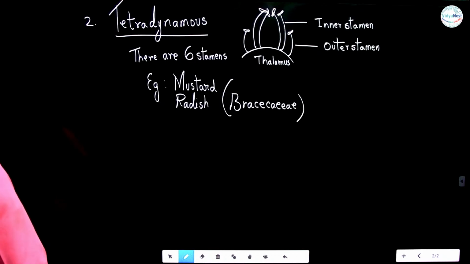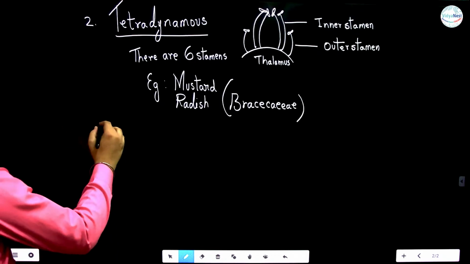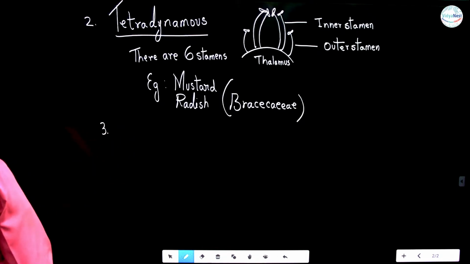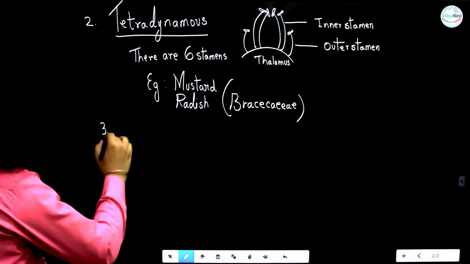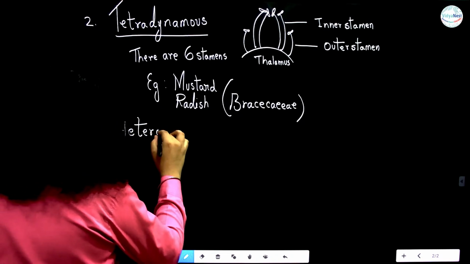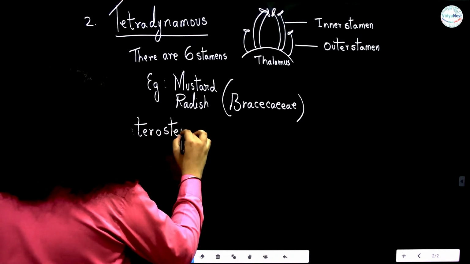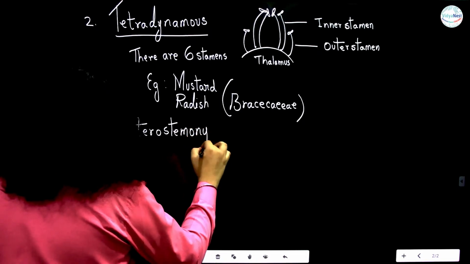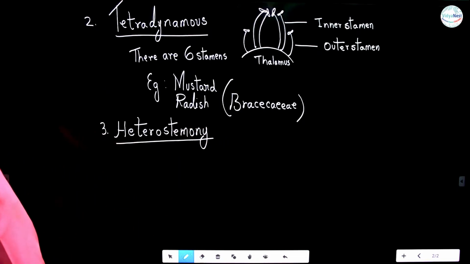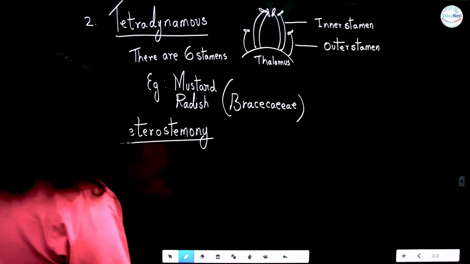Another condition is heterostemony, the third one. What does it mean? It means stamens are of different lengths. It is found in Acacia.